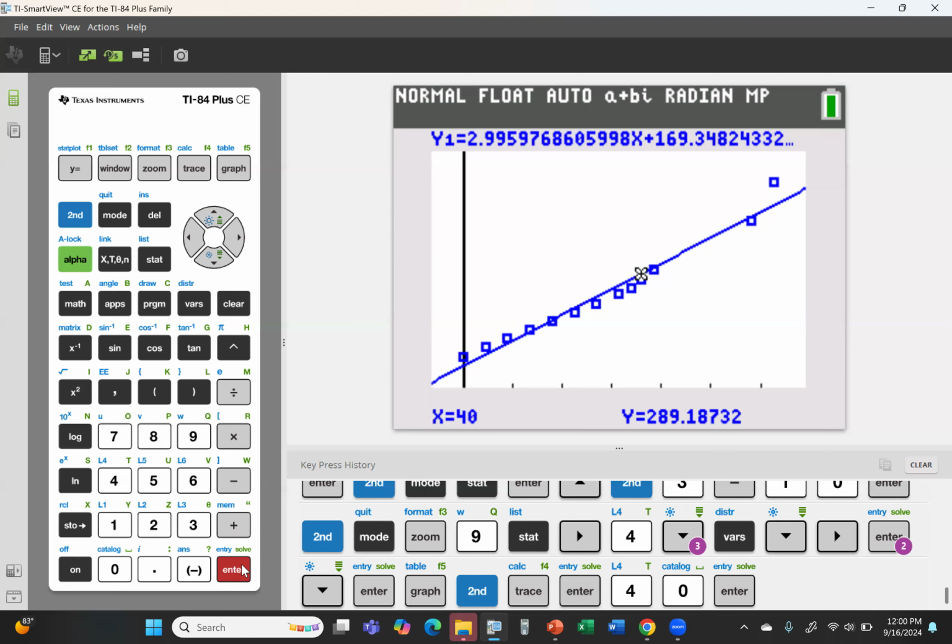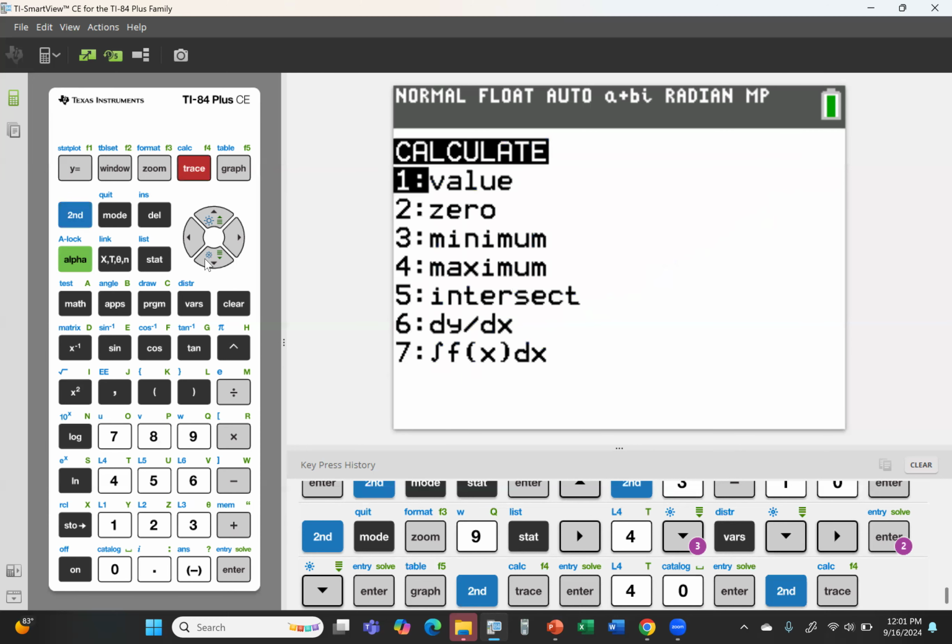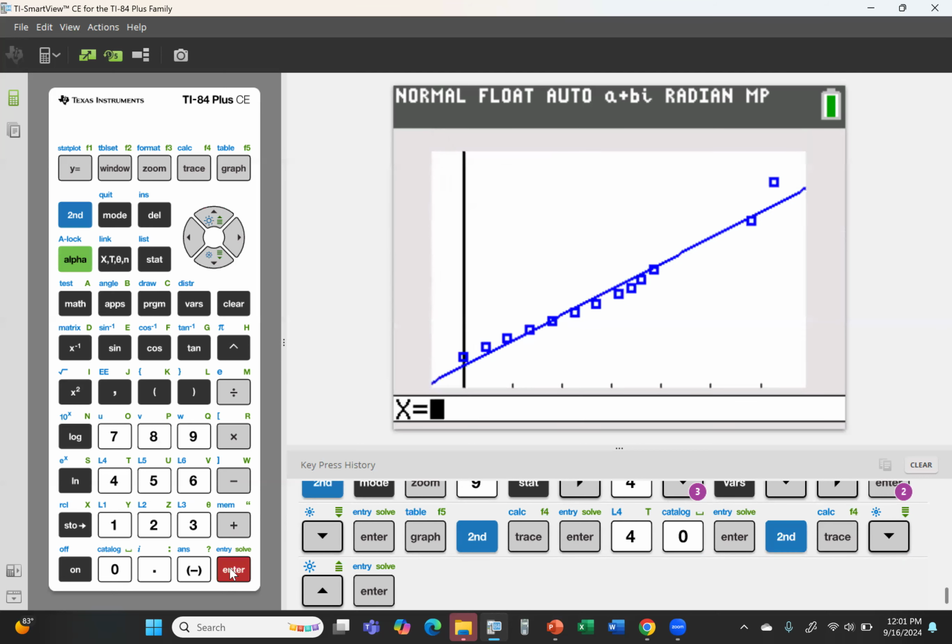What was the other one? 2010. So if this was aligned since 1960, would 2010 be 50? Is that correct? Yes. So if I calculate the Y value, so second calc, the value for X is 50.